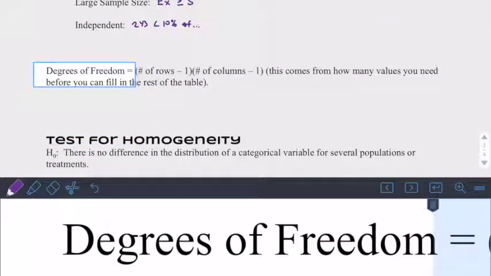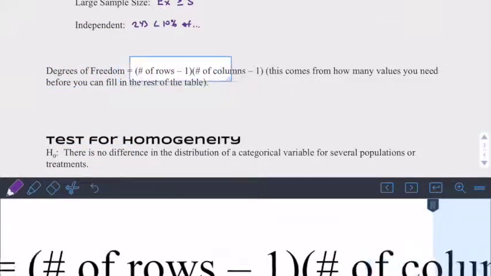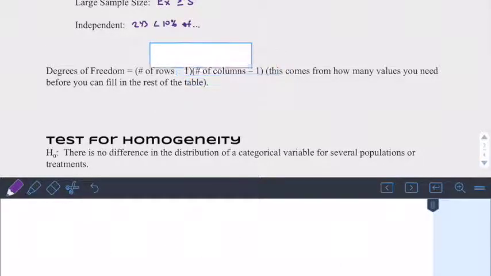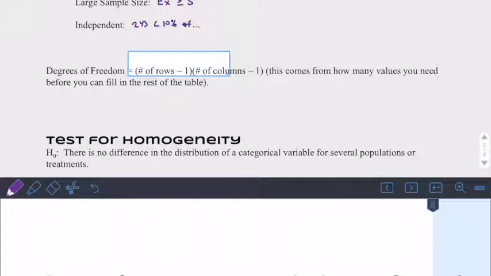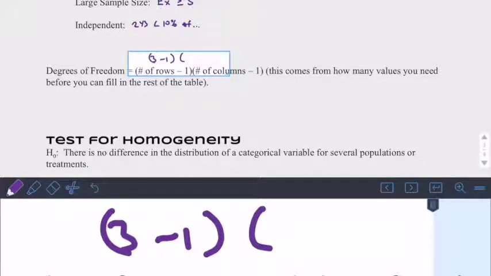And then our degrees of freedom is the number of rows minus 1, times the number of columns minus 1. If you can remember way back, we talked about this when we were filling in two-way tables. Because if you had a table, you only need some of the cells, and then you could fill in the rest of your table. Well, for this one, we had 3 rows, so 3 minus 1, and 3 columns, so 3 minus 1.